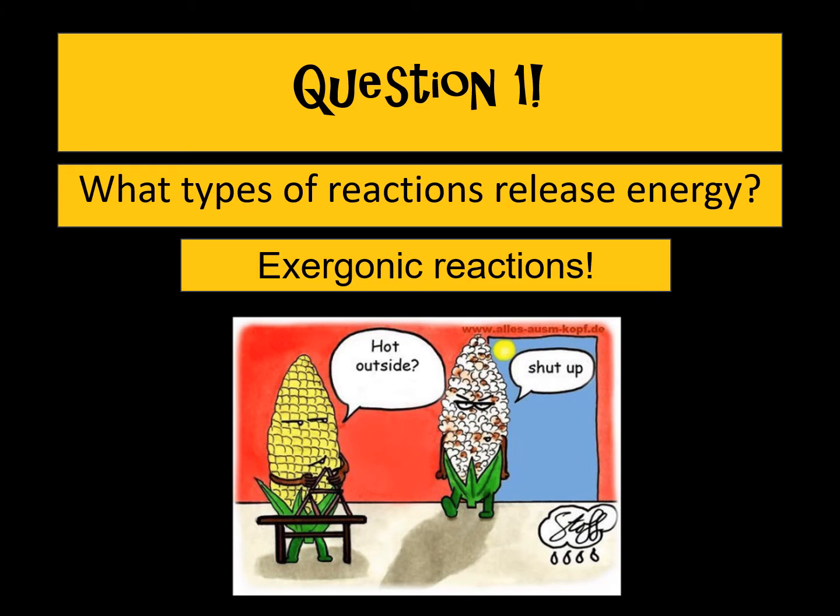Now, in chemistry, you probably use the word exothermic reactions a lot to describe the release of energy, but that's more technically the release of heat energy. So therm usually means heat. So exothermic reactions release heat, but if we just want to talk about the release of energy, we call those exergonic reactions.